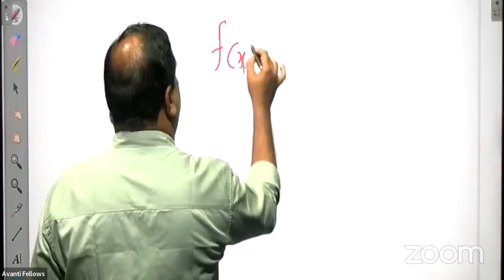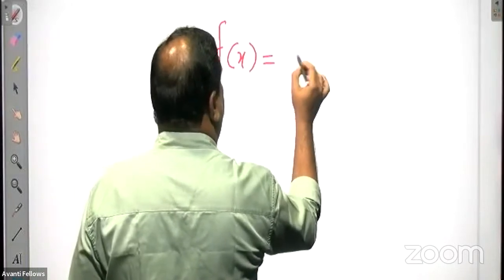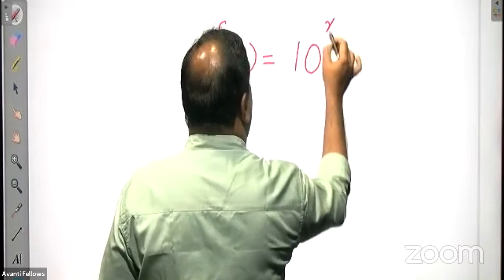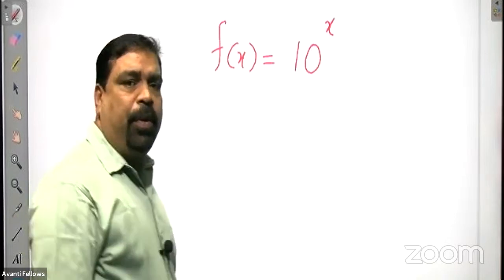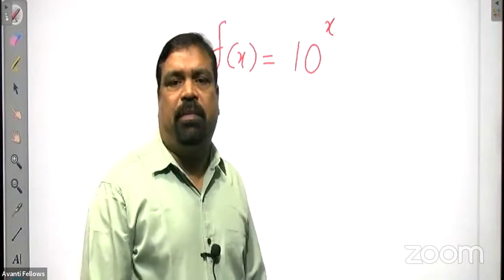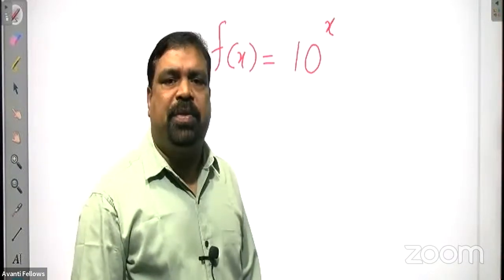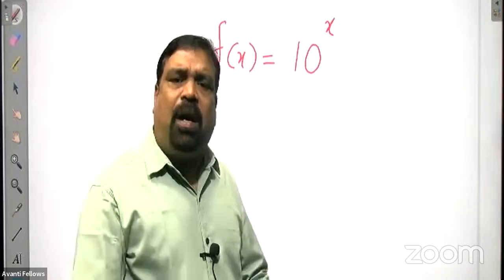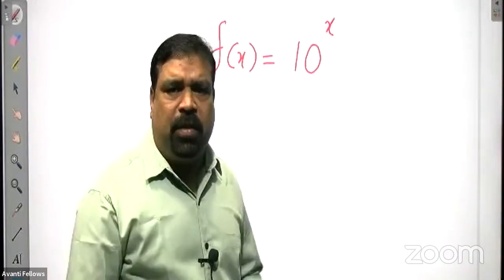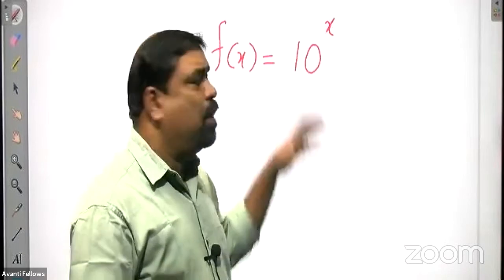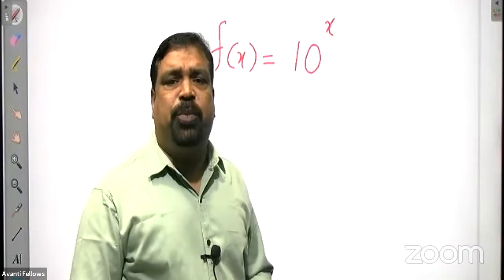A function defined by, for example, f of x equal to 10 raised to x, is called an exponential function, and 10 is called the base of the exponential function.